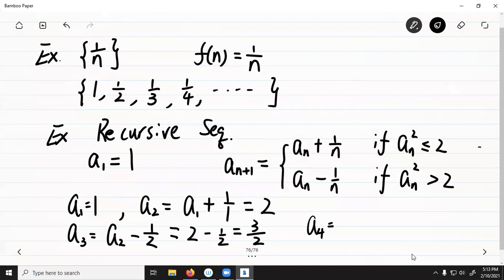The lower one, so this is A3 minus 1 over 3. So this is 3/2 minus 1/3, which is 7/6. Then you continue this way and you can generate the next term. So this is called a recursive sequence.